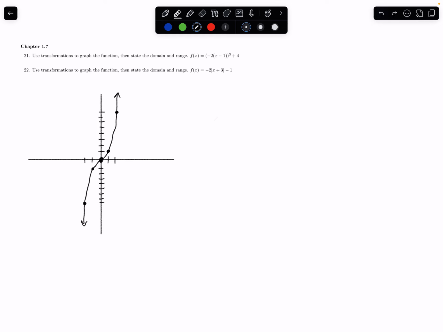Plus 4 at the end means 4 up. So let's redo this. Here's my x-axis, y-axis. Instead of starting at 0, 0, it's going to start 1 to the right and 1, 2, 3, 4 up. So right there.